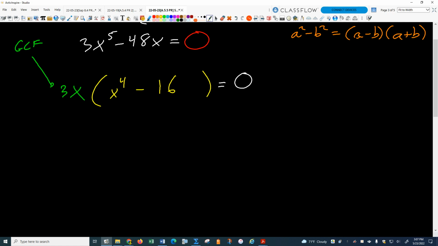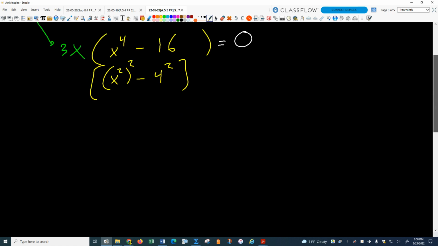What's being squared in the first term? There you go, x squared squared is x to the 4th, right? So we're going to think of that as x squared squared minus 4 squared. Okay, good. So there's our yellow factor written as a difference of squares.